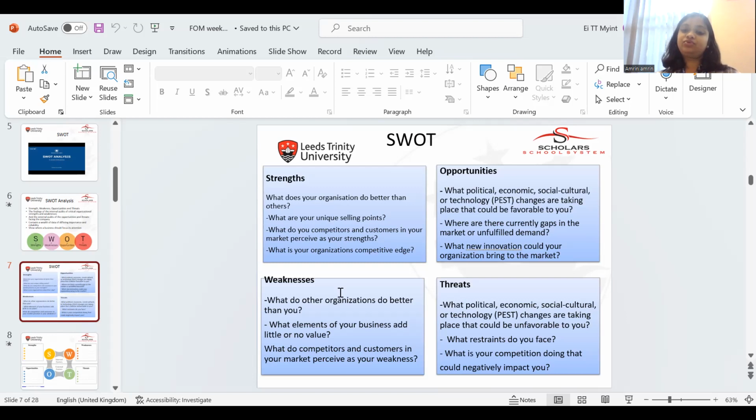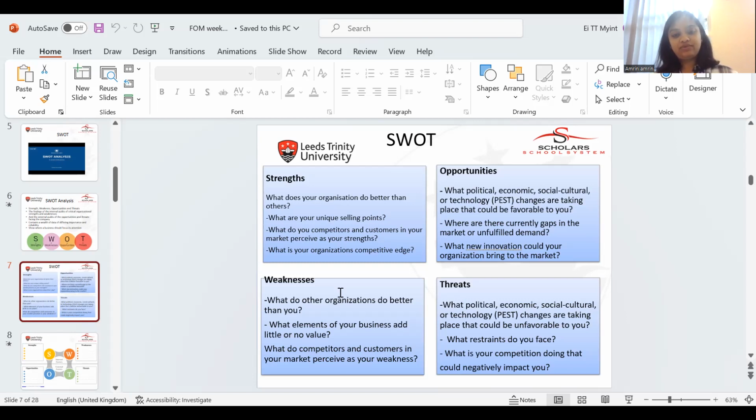And when it comes to the threat, the last part of SWOT analysis, there's a threat. What political, economic, social, cultural, or technological changes are taking place that could be unfavorable to you? As you have done the analysis to check the opportunities, you can also check if these political, economic, social, cultural, and technological factors are changing.